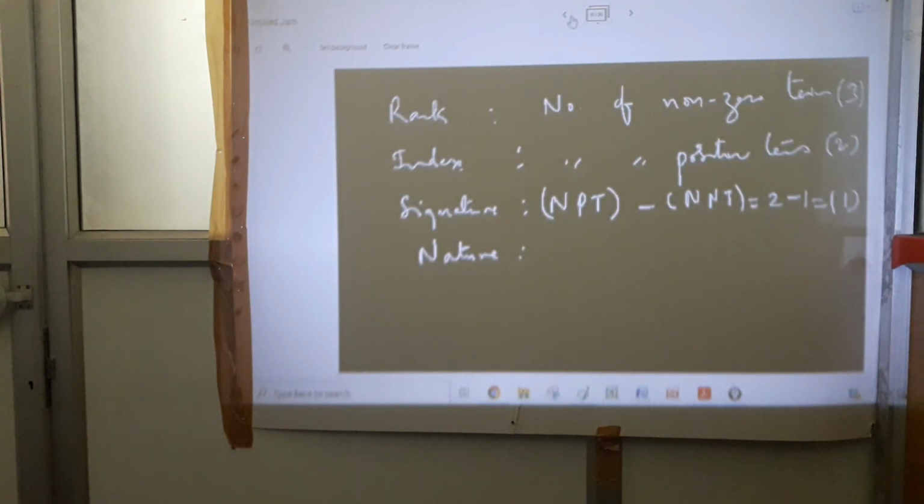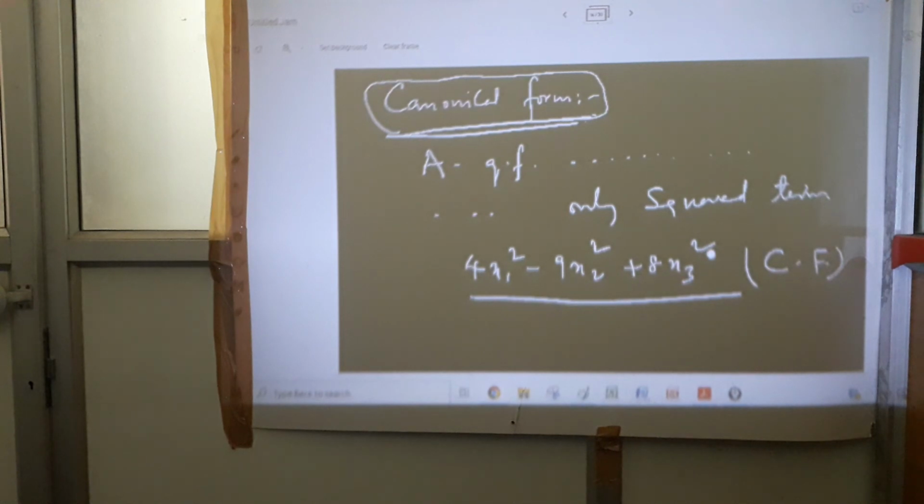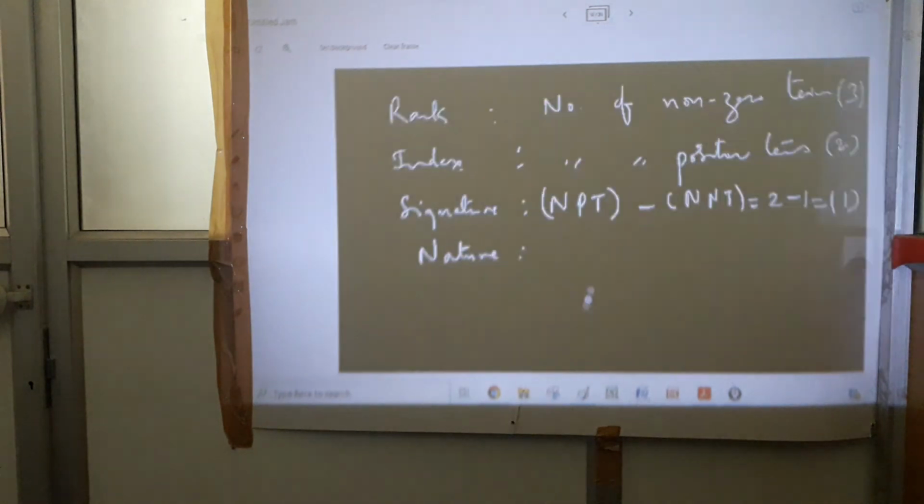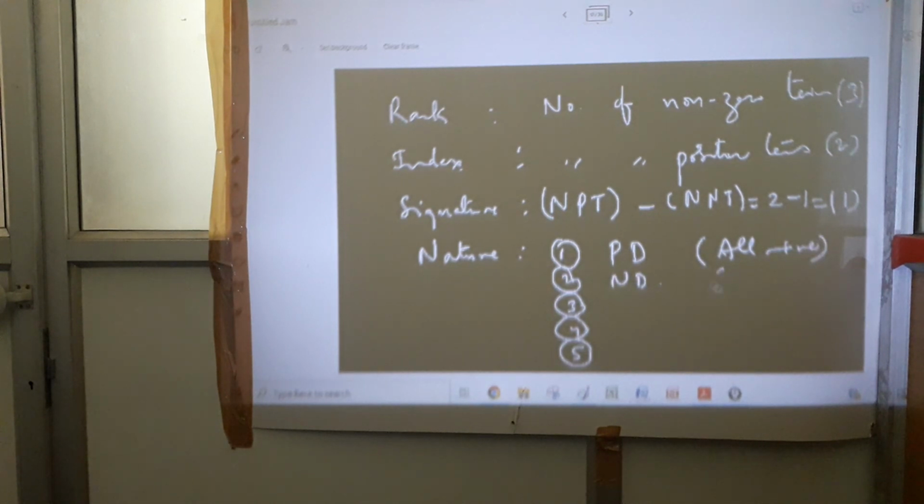And actually, how do you write the canonical form? By looking at the eigenvalues. Sometimes one eigenvalue will come 0. If some eigenvalue is 0 and the remaining eigenvalues are all positive, that is called positive semi-definite. Keep in mind, there are 5 natures. First is positive definite, if all are positive. Negative definite if all are negative.